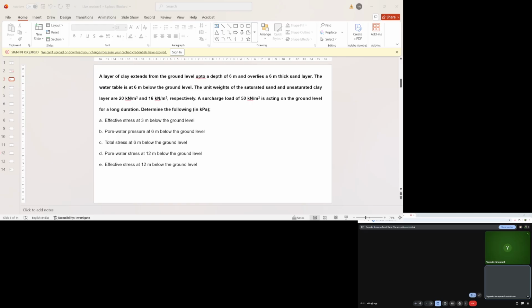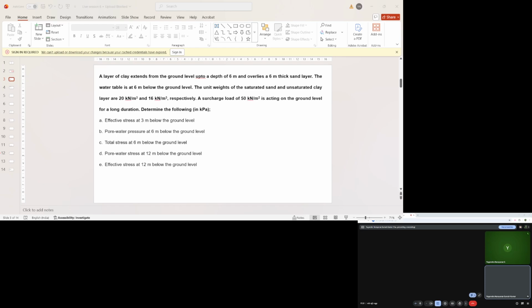So the pore water pressure at 6 meters is going to be 0, because no water pressure is exerted at the top of the water column, and the layer above is unsaturated. So this is the assumption.